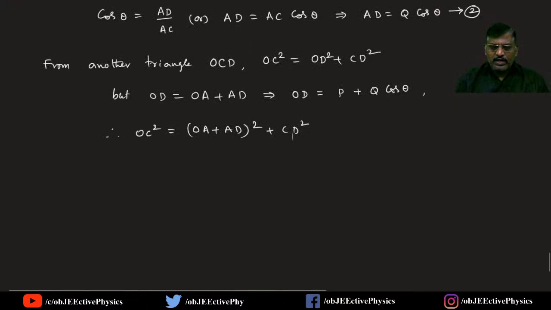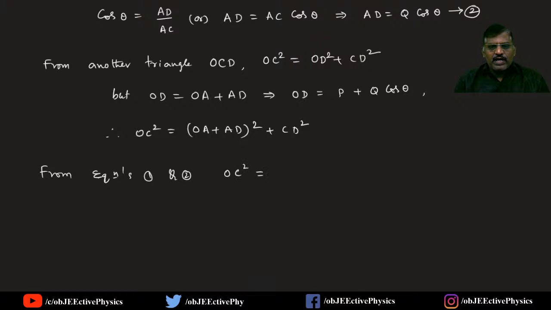From equations 1 and 2, we can write OC square is equal to P plus Q cos theta whole square plus CD, which is Q sin theta, whole square.